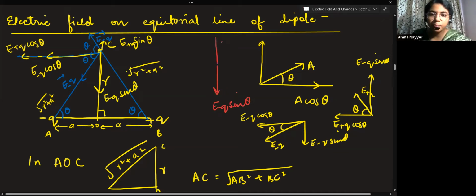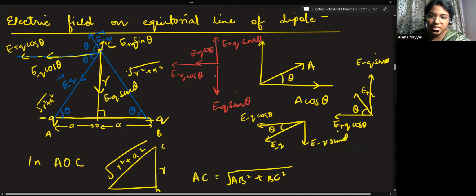E plus q sine theta is there. This is your y-axis. This is E plus q cos theta, and you have E minus q cos theta. This is what we have resolved using resolution of vectors E plus q and E minus q.